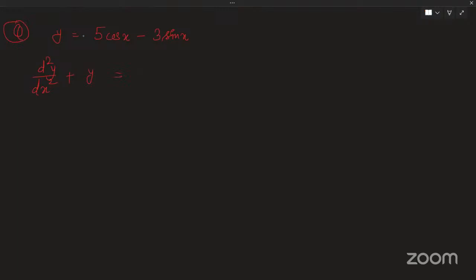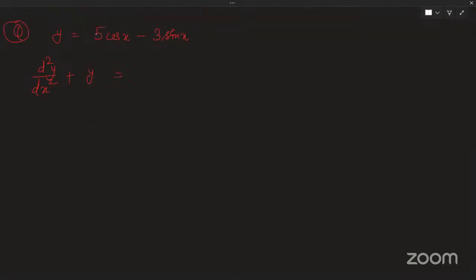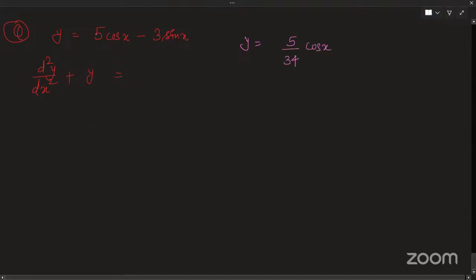For that you would just need to change your y a little bit. So 5 square plus 3 square, 25 plus 9, 34. So I keep it like this: y equals square root 34 into (5 by square root 34 into cos x minus 3 by square root 34 into sin x).